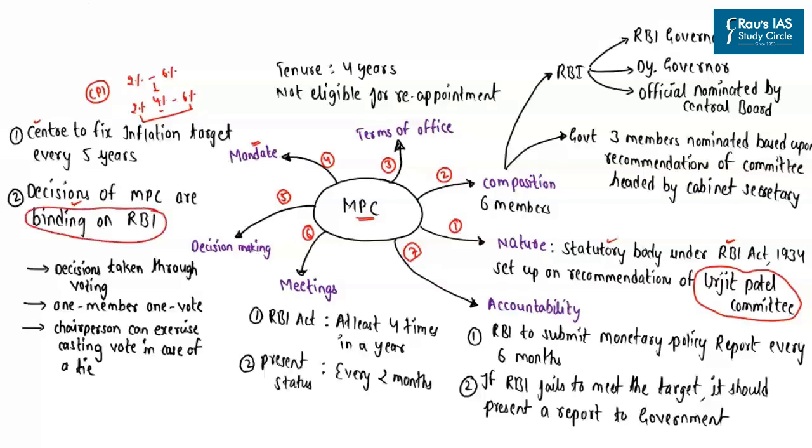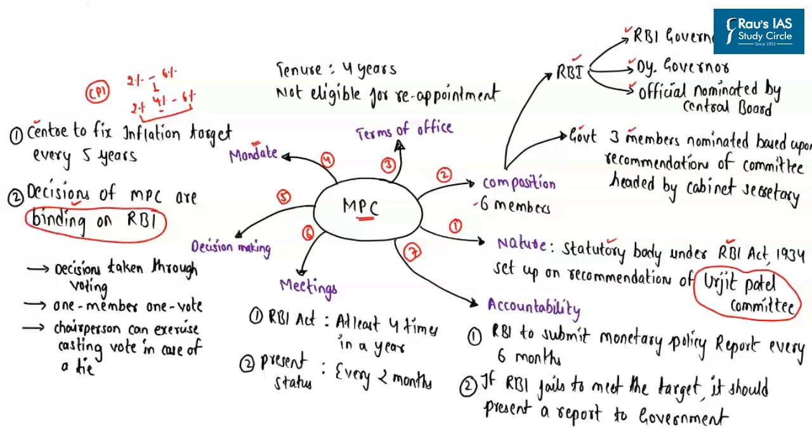Now with respect to composition of MPC, MPC has totally 6 members, 3 members from RBI and 3 members from the government. The members from the RBI include the RBI Governor, who also acts as the chairperson of MPC, the Deputy Governor, and an official nominated by the Central Board of RBI. As far as the government is concerned, here the government is represented by 3 members.